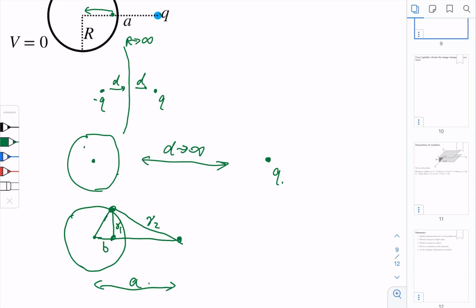So what we want eventually is that say this is q, this is q prime. So we want the potential produced as q over r2 plus q prime over curly r1. This expression should be a constant, or we can say that if it's grounded, then it should be 0.